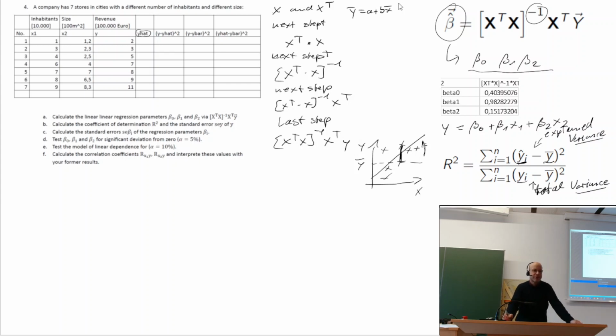And this we showed in general for the simple regression, and this holds also in the multidimensional case. So this is then not surprising. The other way around, it is a possibility to check your calculation, because if this is not the case, then something has to be wrong in your formula.